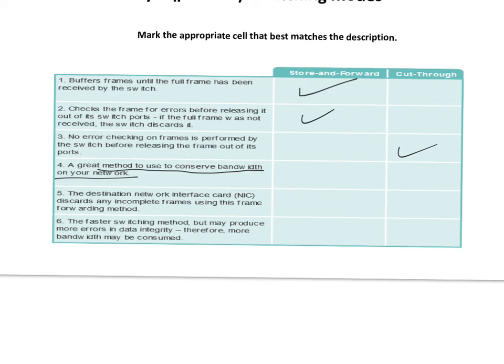This means two things: you are sending the frames as fast as possible, but without errors. In order to conserve bandwidth, you want to utilize the bandwidth efficiently.